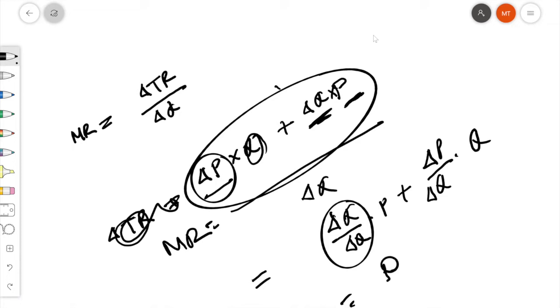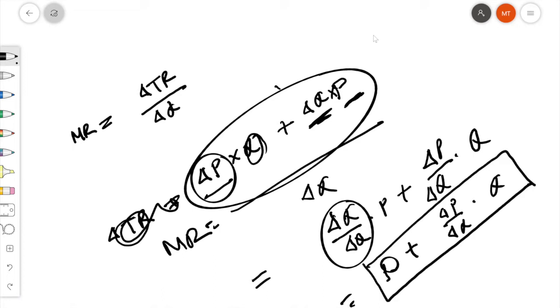So we can say price plus changes in P divided by changes in Q into Q. So we can say that marginal revenue is equal to price plus this one, which is the slope of the demand curve. So marginal revenue is equal to price plus slope of the demand curve multiplied by quantity. So this is the first part.